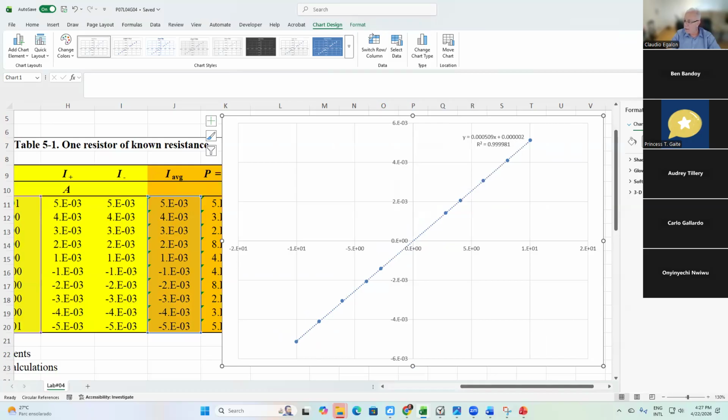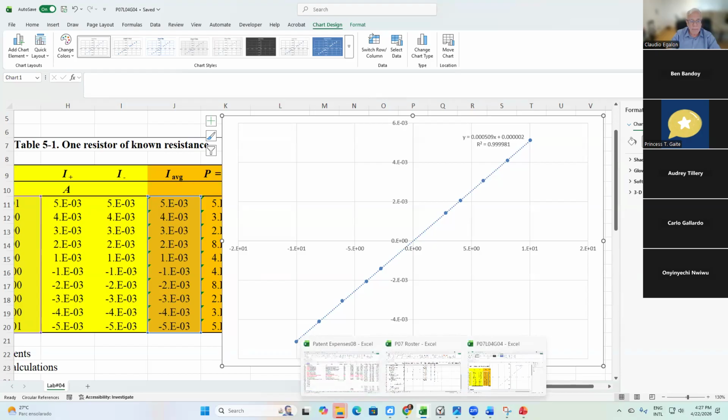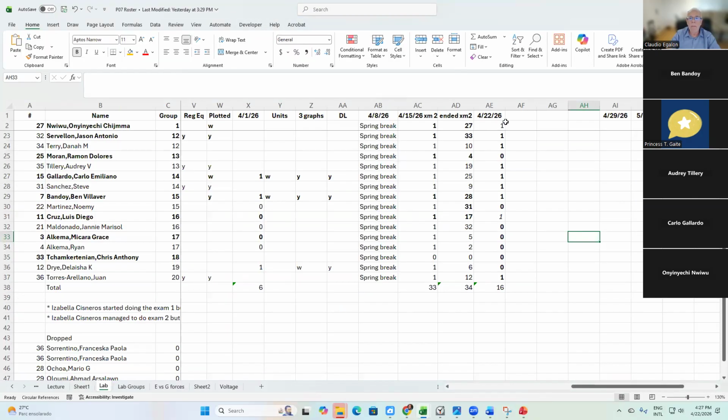Okay, let's see how you are doing. Roster. I want to know if you plotted your graphs. Okay, Oni, did you plot your graph? Is Oni there?